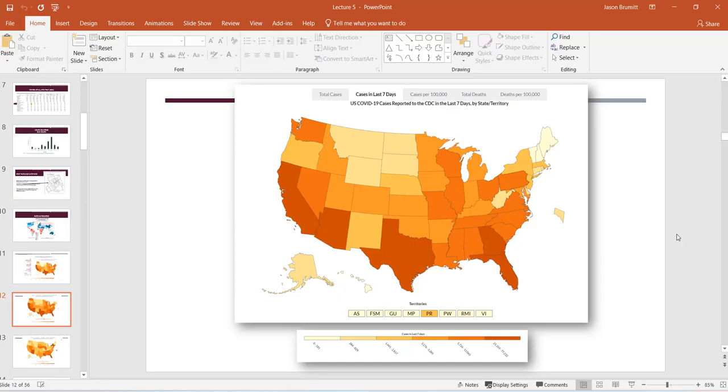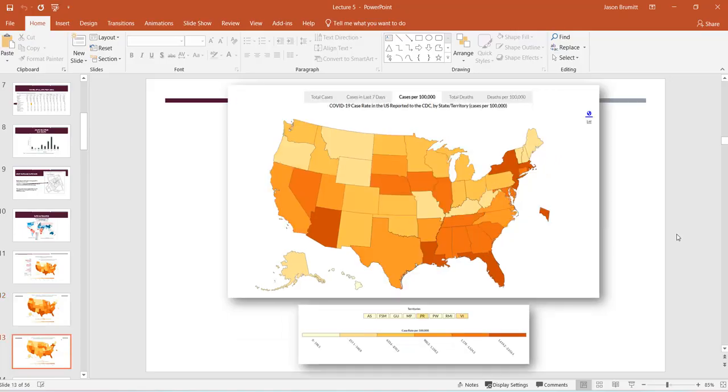So again, here is a presentation from whenever I did a snippet of this, cases in the last 7 days. Here's cases per 100,000. So it just illustrates different ways of presenting the data.